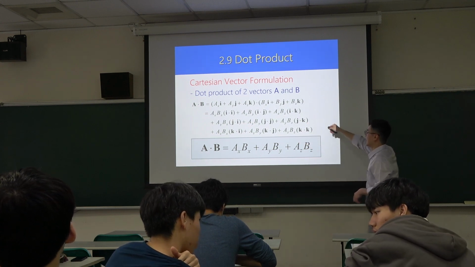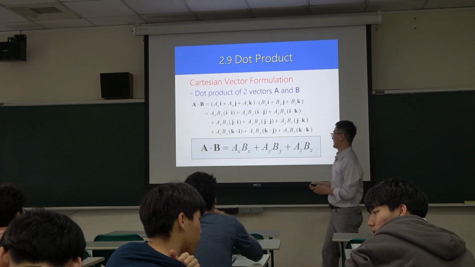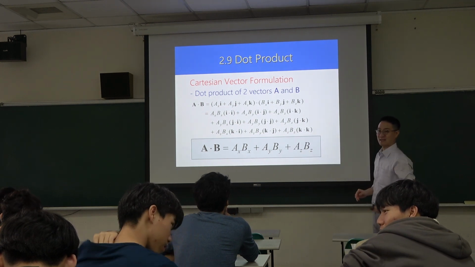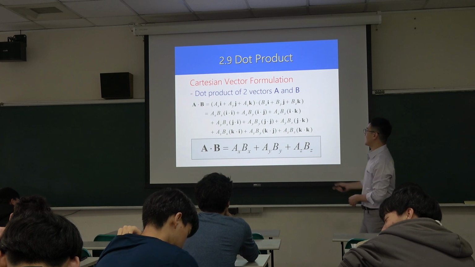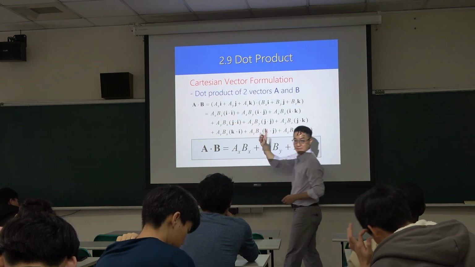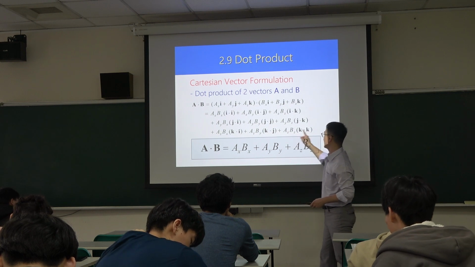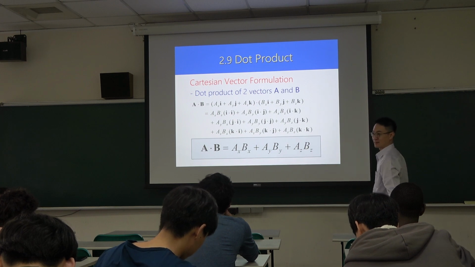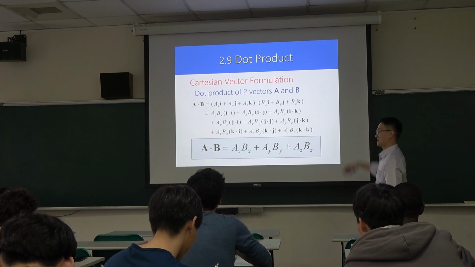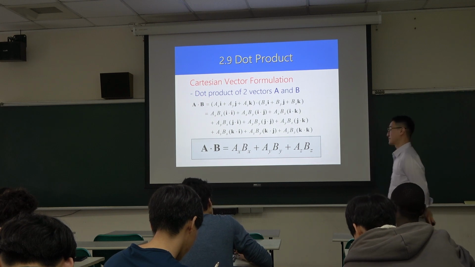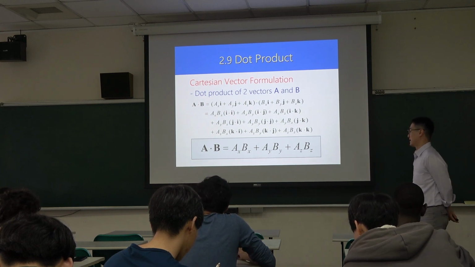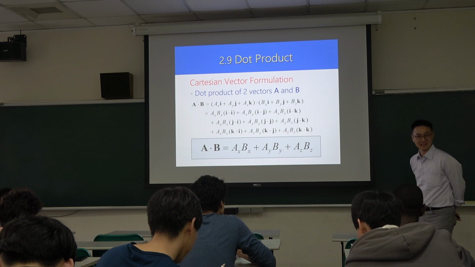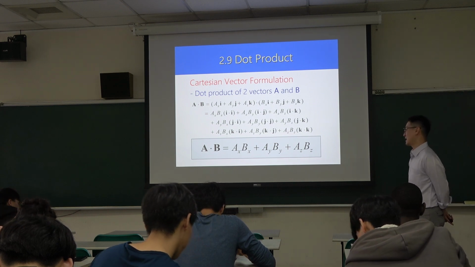So finally, the dot product can be represented using this, because the other parts are 0, and for the same direction, they are 1. i, j, j, k, k, they are 1. So only those parts are left. Clear? That's a simple derivation. And remember, this one will be used a lot in this class when we are working out dot products.